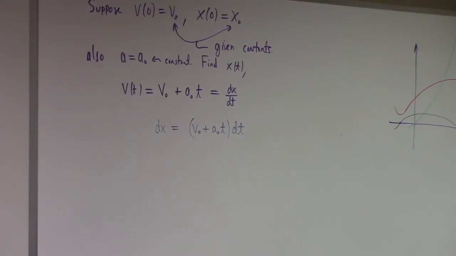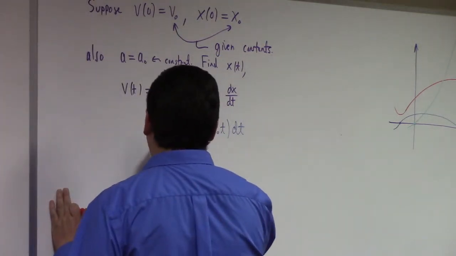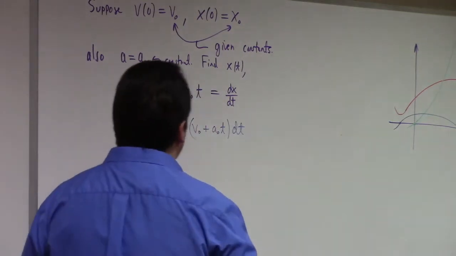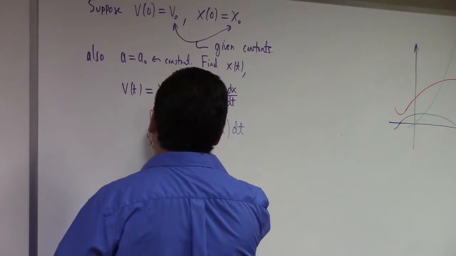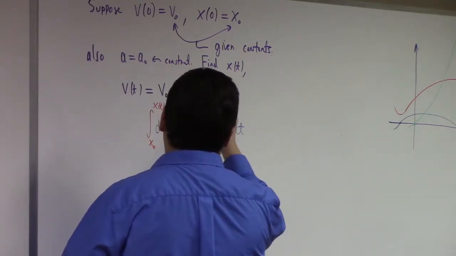Again, to be fair, I need to integrate over bounds on both sides which are matching. So if I integrate the left side here, say from x naught to x, and to be fairly pedantic about it, say x of time t, then I should integrate from time 0 to time t over here.